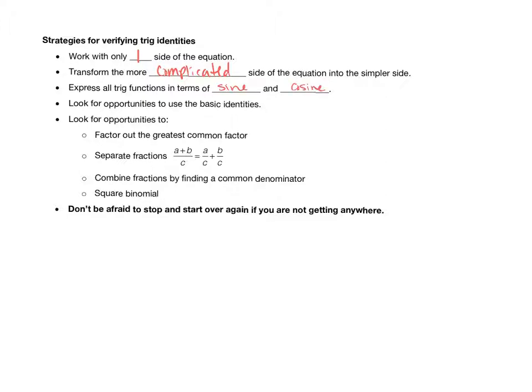And you're going to look for opportunities to use the basic identities. So those are the reciprocal, the quotient, and the Pythagorean are the three big ones. If you have fractions or things that have factors you can factor out, try to factor things out.